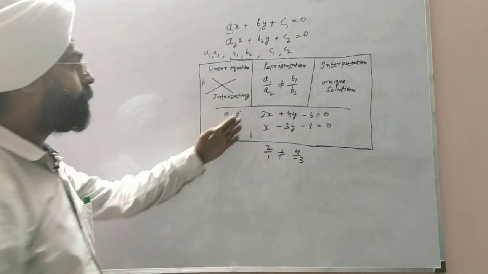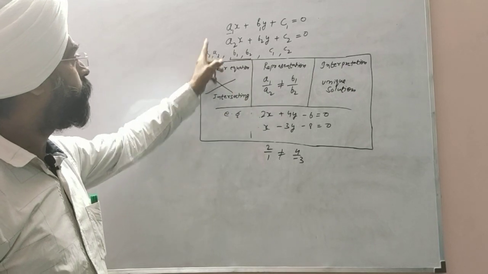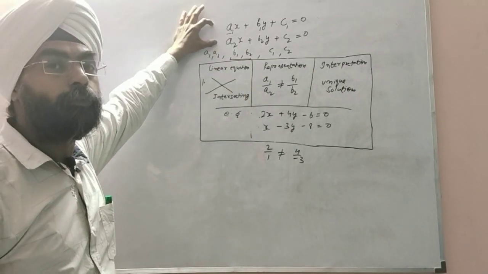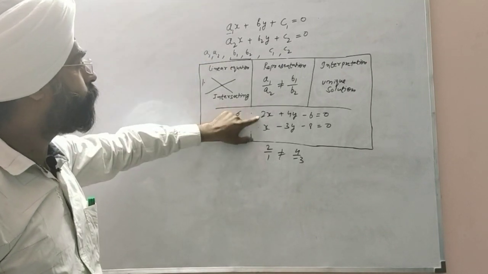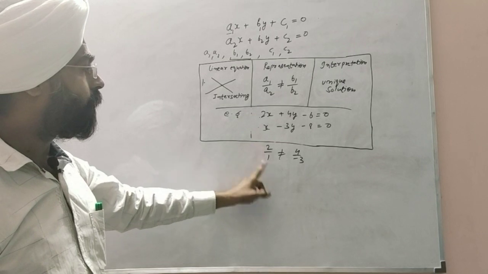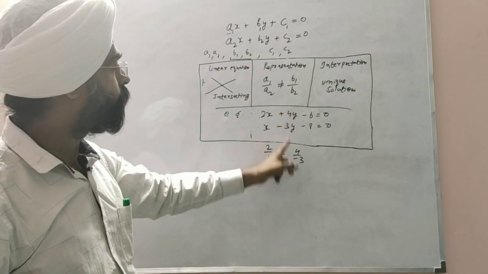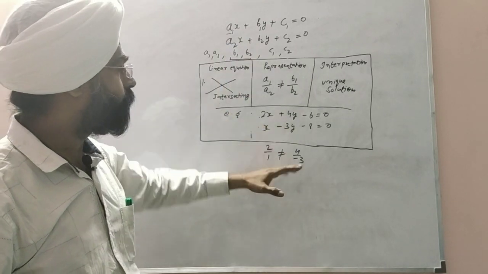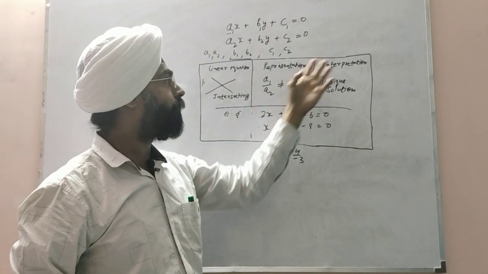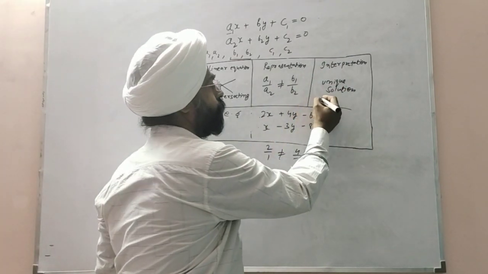This is simple. On comparing these with the general form of the equation, a1 is 2, a2 is 1, and b1 is 4 and b2 is minus 3. So this is not equal. It gives the representation of this formula, and the interpretation is a unique solution, or only one solution.